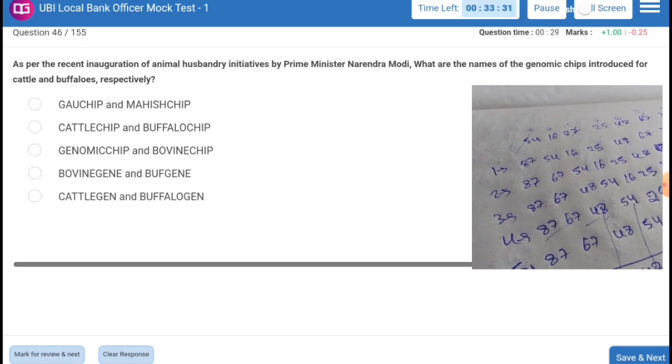As per the recent inauguration of animal husbandry initiatives by PM Modi, what are the names of genomic chips introduced for the cattle and buffaloes respectively? I think Cattle Gen and Buffalo Gen.